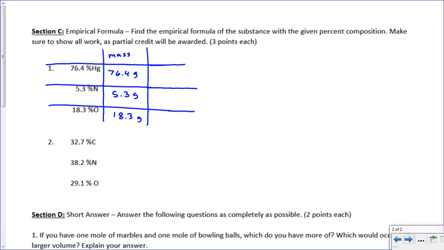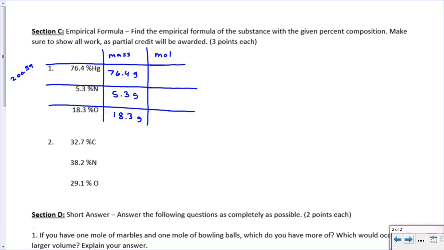The next step is to get it into moles. We do this by dividing by the molar mass that's on the periodic table. For instance, the molar mass of mercury, that's Hg, is 200.59.